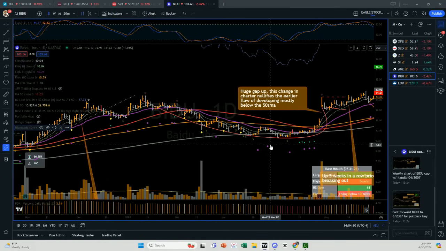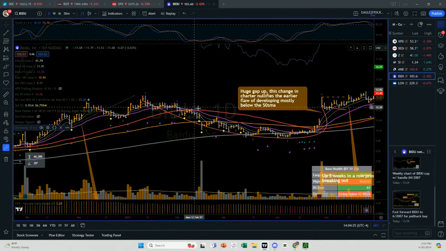And one of the reasons why I thought it was interesting as a case study is because there's some flaws in the base. Right? The major flaw is that the bulk of it is formed below the 50-day moving average. Most of the time when we're looking for a cup with handle or really any kind of base, we want it to be above the 50-day.